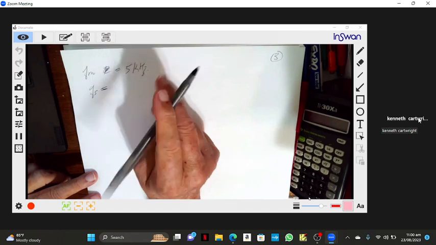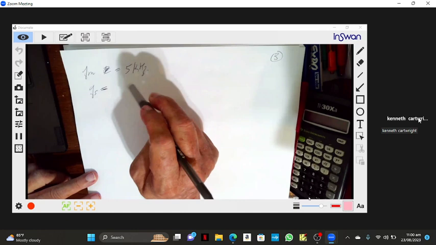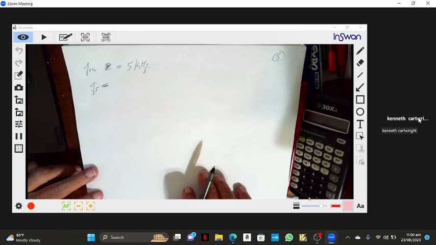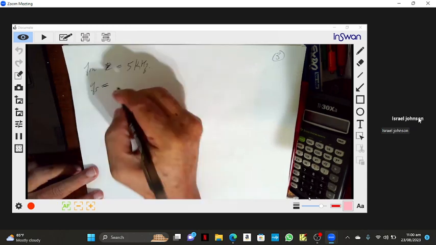What's the next frequency? Which one are you on right now?